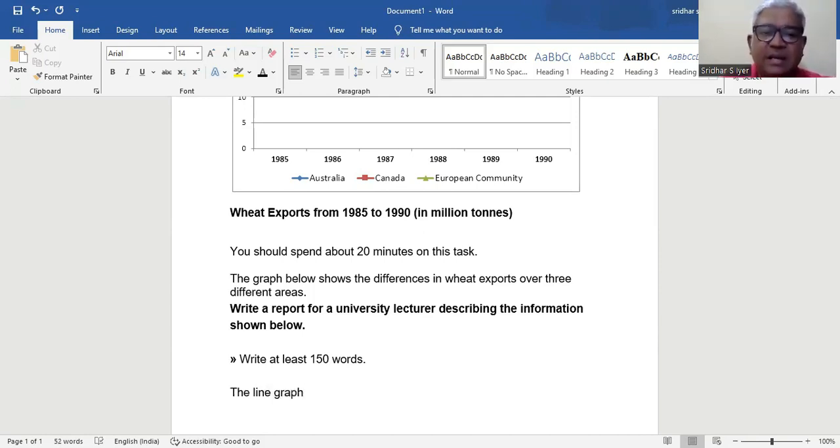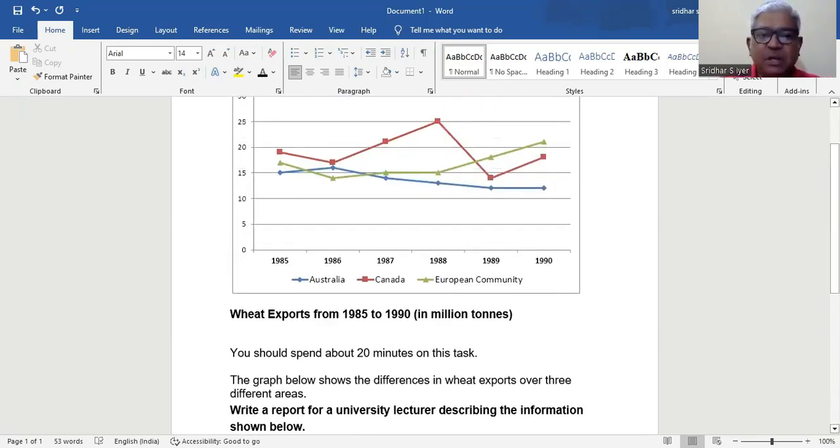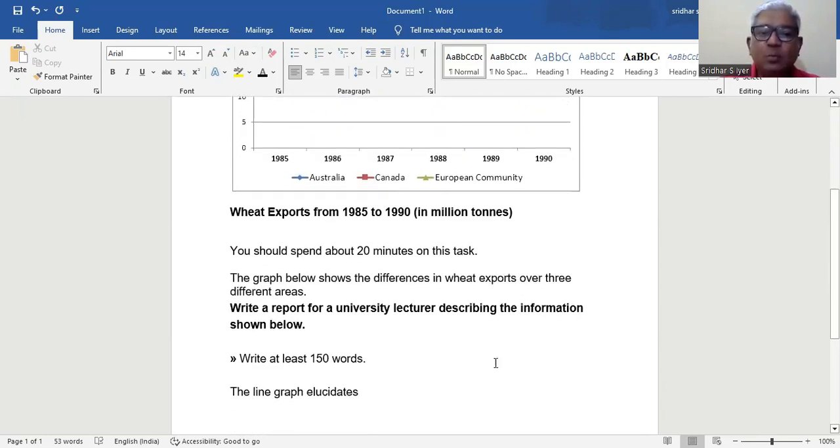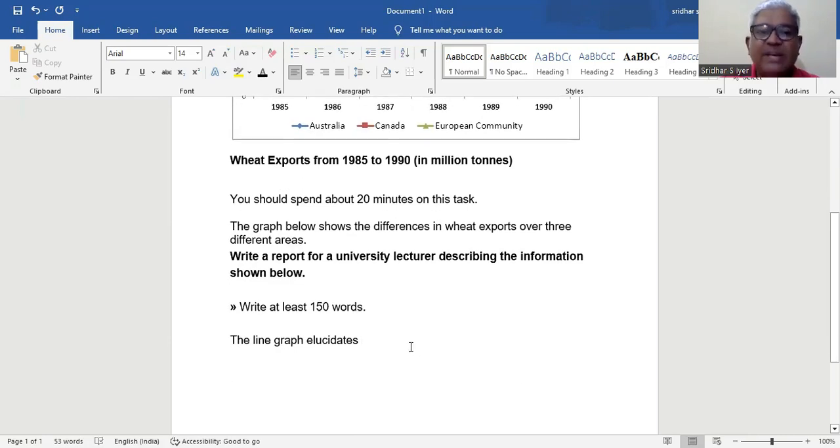So we have to say the line graph delineates or describes, elucidates, or illustrates. Any one thing is okay. Elucidates. All right, what does it elucidate? It describes the export of wheat from Australia, Canada, and European community.